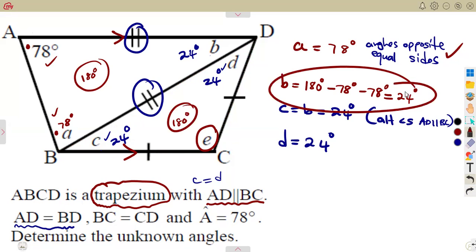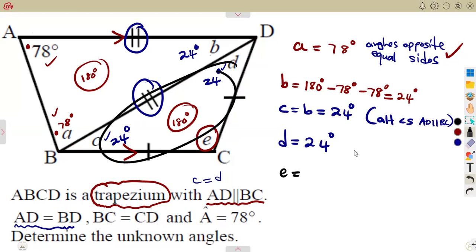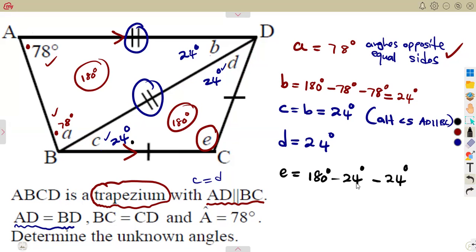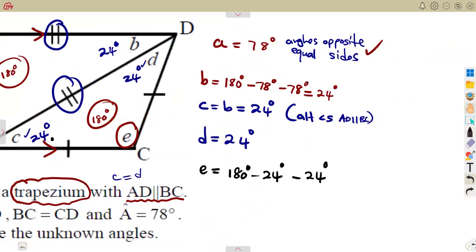Just like how we calculated angle B, we can use the same concept to calculate angle E. Angles inside of a triangle, so we're going to subtract out of 180 degrees, we remove the 24 degrees. We also remove the other 24 degrees. By doing this, we are calculating angle E. That is the concept that we are going to simply apply on this triangle, and that was going to give us 132 degrees at the end.